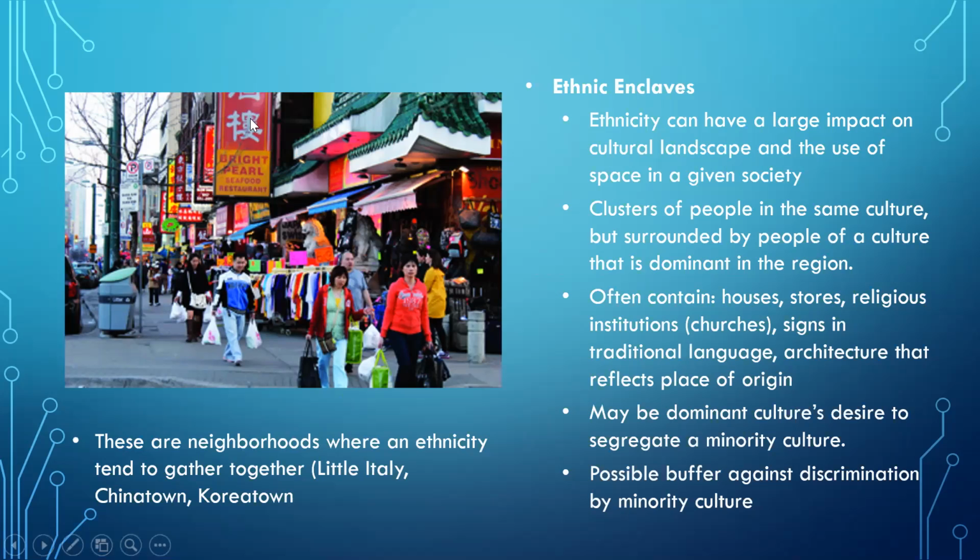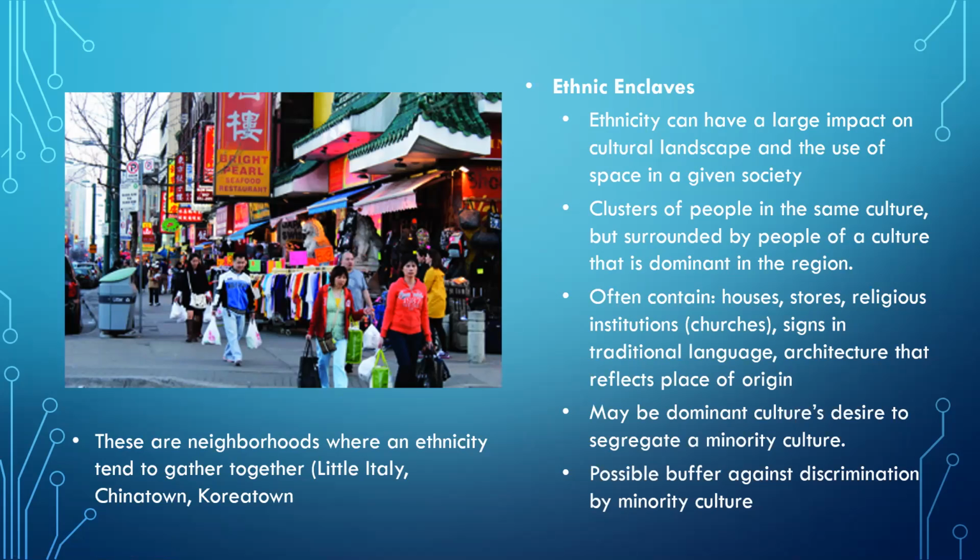Here you'll see, I believe it's Mandarin, and architecture that reflects the place of origin. There may be a dominant culture's desire to segregate a minority culture, so it's also a possible buffer against discrimination by the majority culture.